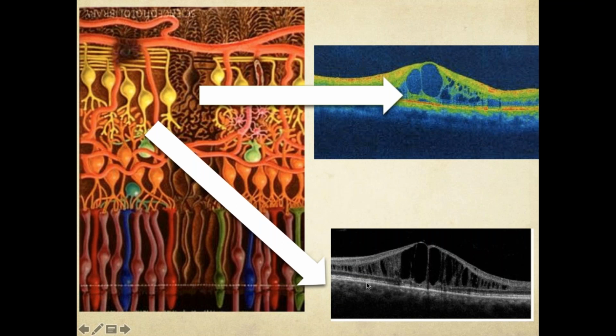For example, if you take a look at this, the second hyperreflective band is missing. I do not see any communication with this layer of the retina right next to the fovea, huge spaces, right?